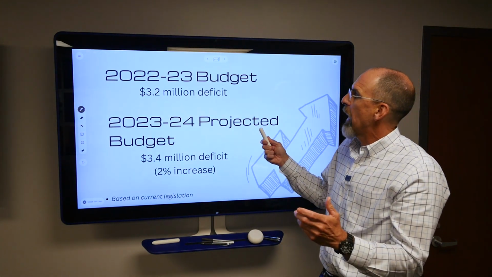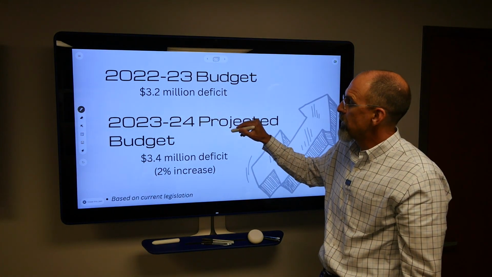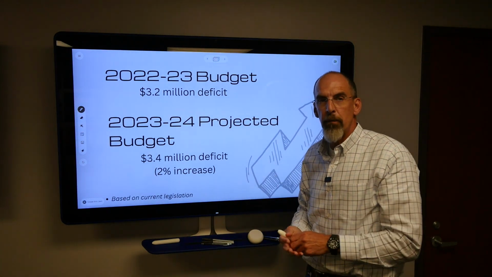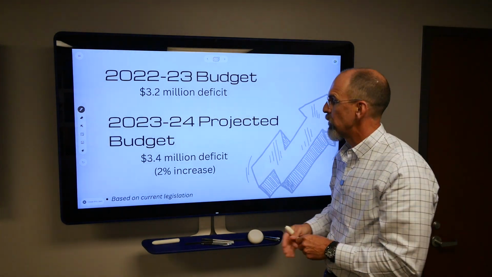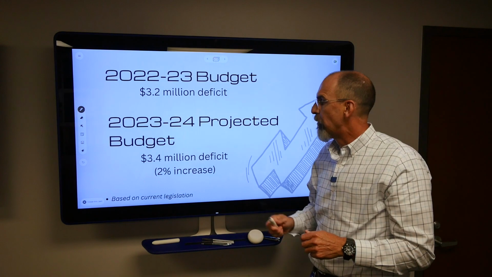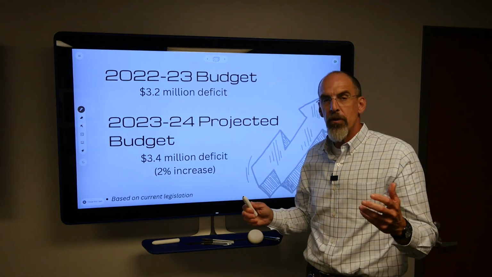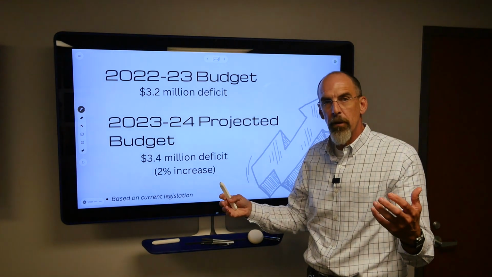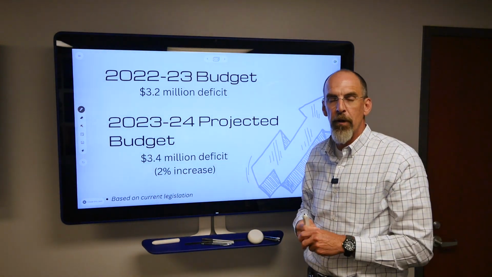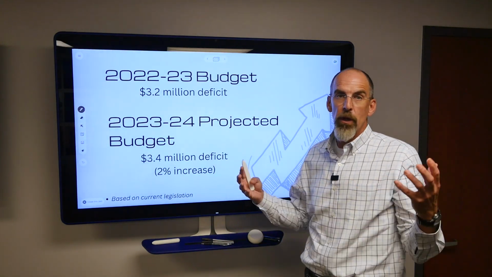Where we end now, however, as we move into this following year, is we understand right now at this point in time that there aren't additional funds for public schools. Right now we have a $3.4 million deficit for the coming year, with a 2% increase for our employees to remain competitive, to get the top-notch employees here in Friendswood in an area that pays higher than we do, in surrounding areas.